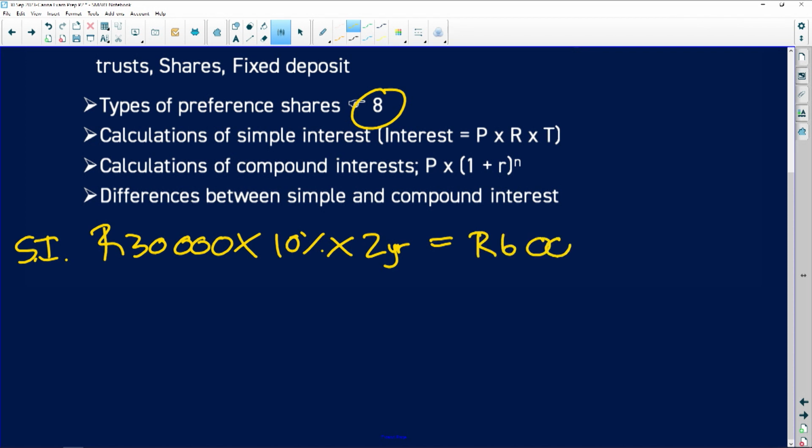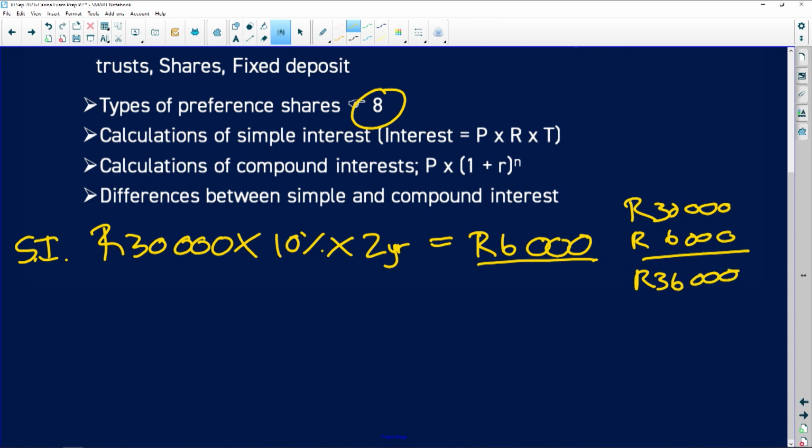So that is the amount of interest that you will earn. But be mindful of what they're asking. They might ask you, what amount do you have in the bank then? Which means you need to take your 30,000 and add the 6,000. That's important, which means you've got 36,000 in the bank. All right, that's your simple interest one.